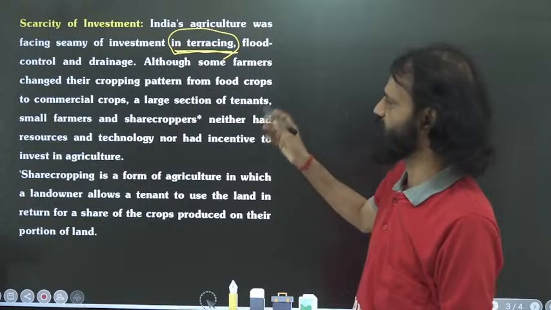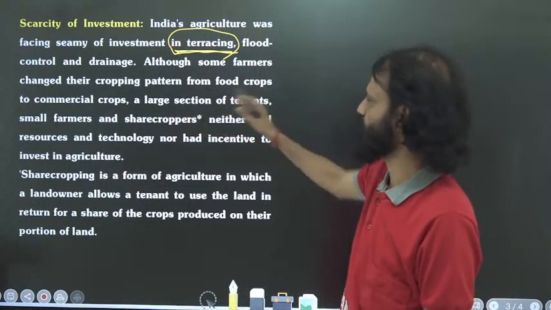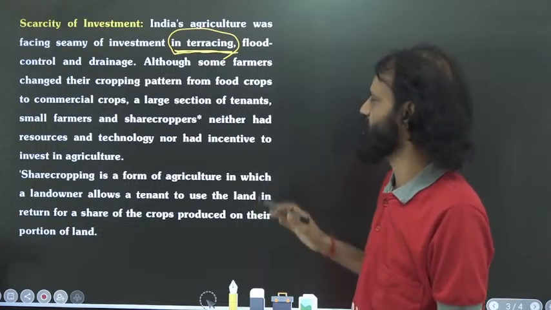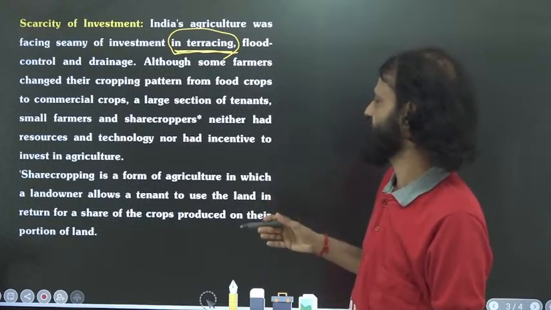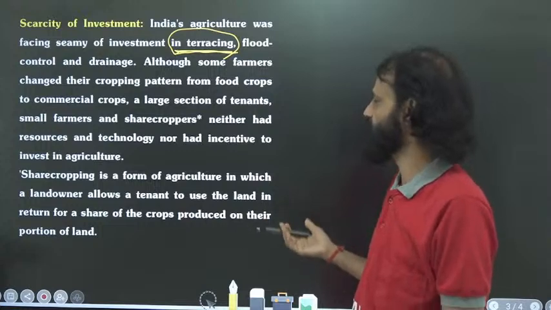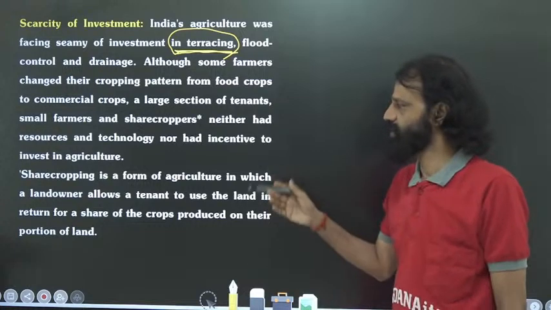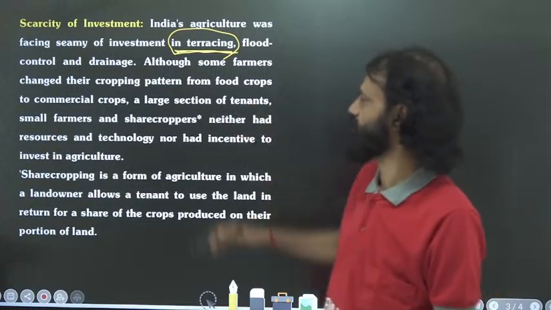Although some farmers changed their cropping pattern from food crops to commercial crops, a large section of tenants, small farmers and sharecroppers neither had any resources and technology nor had incentive to invest in agriculture. Some of these points we have already studied today.